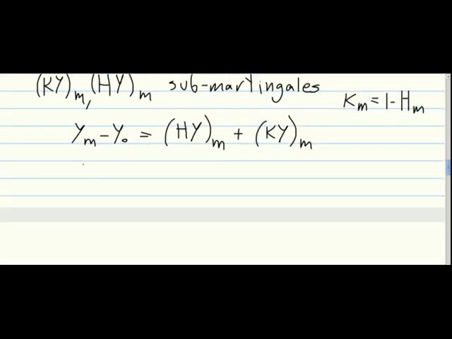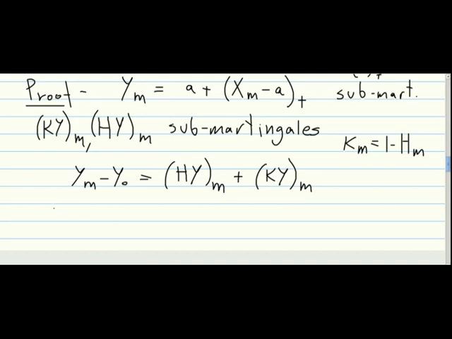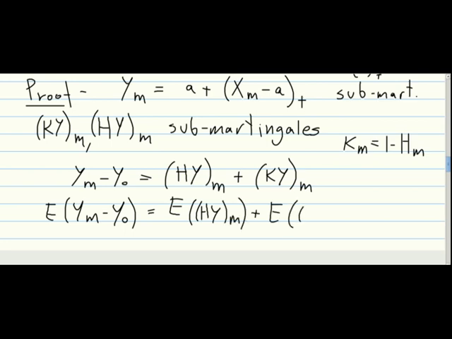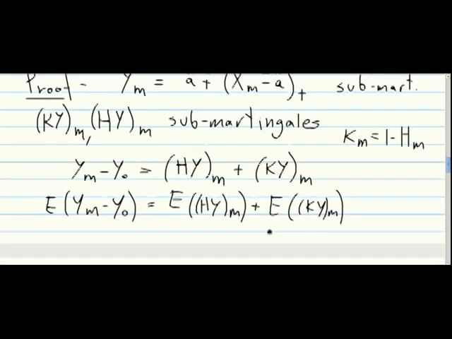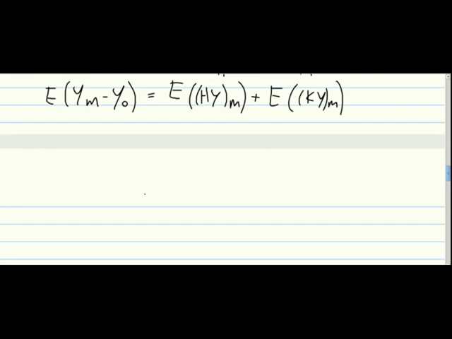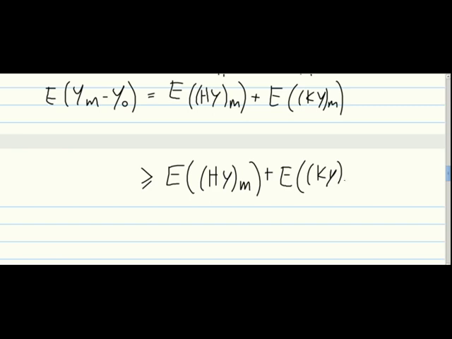Now, if we take expectations on both sides here, we're going to get the expectation of the integral H·Y plus the expectation of the integral K·Y. And by the fact that these are sub-martingales, we can bound this. We can replace it by anything smaller in any of these integrals, but we're going to do it only with the right one.